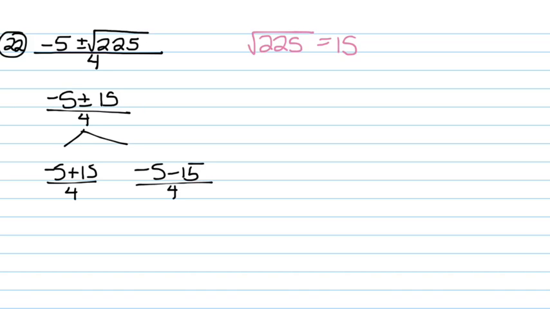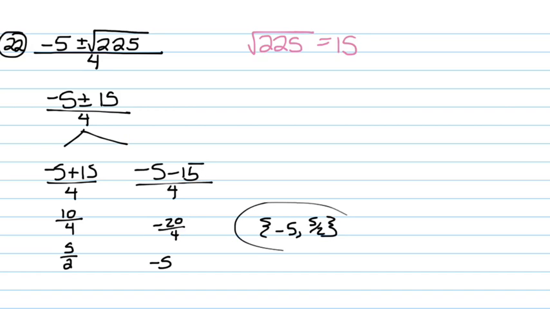So -5 plus 15 gives me 10, divided by 4 gives me 5/2, and -5 minus 15 gives me -20, divided by 4 gives me -5. So this time I have the set, because it didn't have the square root in it, so I need to write out the solutions. So -5, comma, 5/2, done.